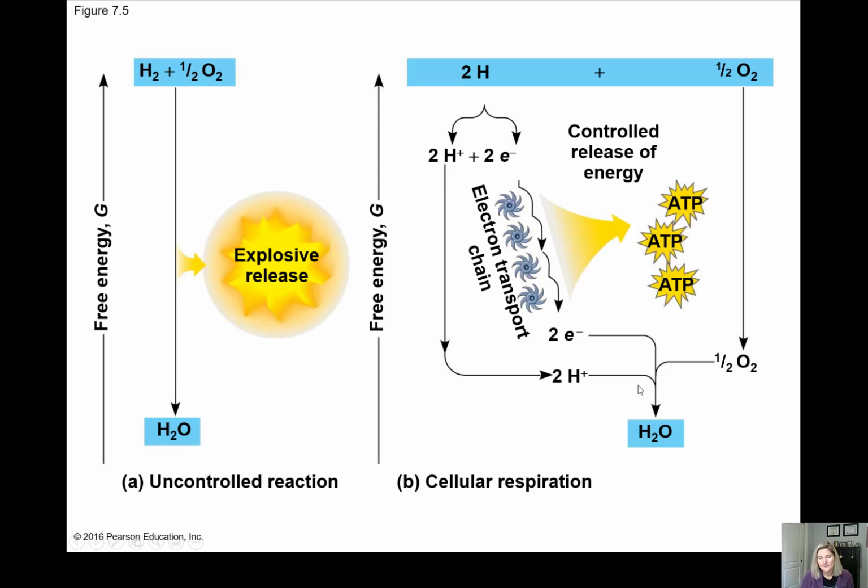Now the final acceptor of the electrons, so once the electrons are transferred through, okay, they don't go away, they're going to be accepted by oxygen molecules, and that's going to be used to form H2O with the hydrogen. Okay, so the oxygen is this final electron acceptor.